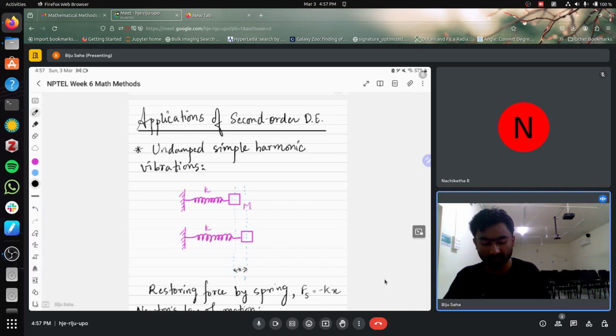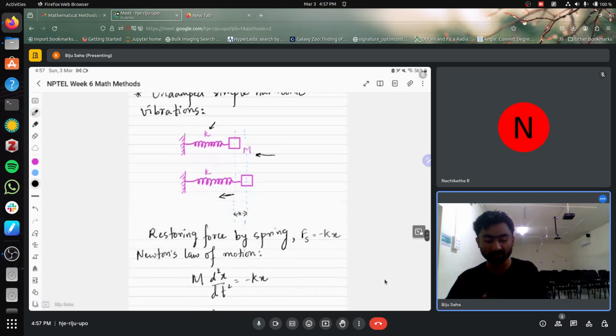The spring constant of the spring is k and the mass of the block is capital M. When we displace the mass by a certain displacement, let's say x is the displacement, there is a restoring force acting on the block that tries to pull the mass back to the same position. That acts in the direction opposite to where the mass was displaced.